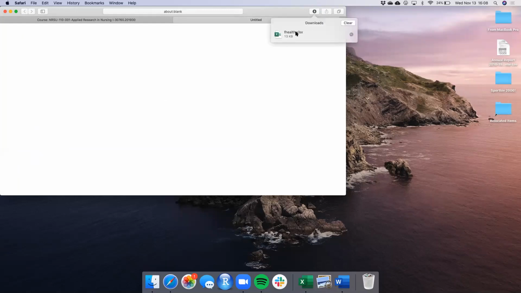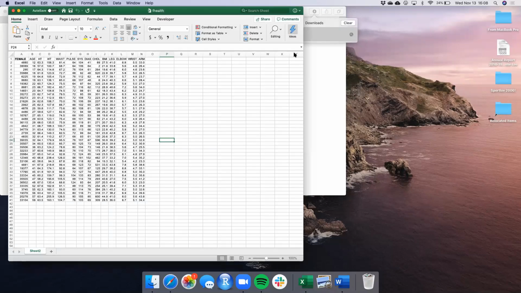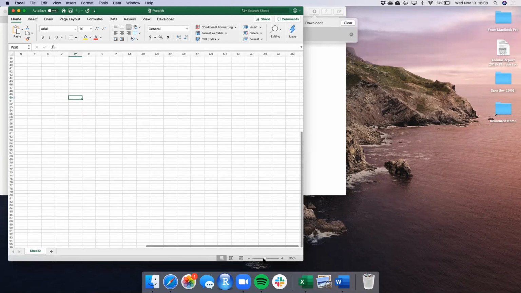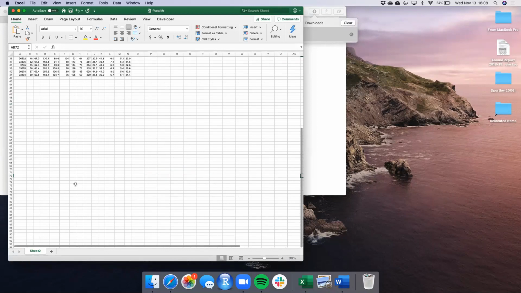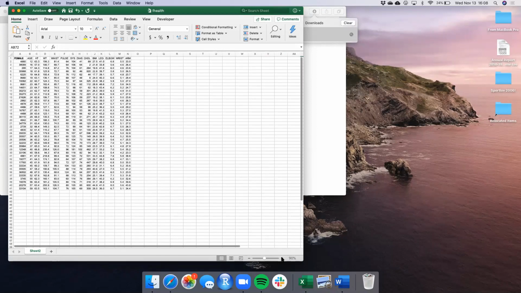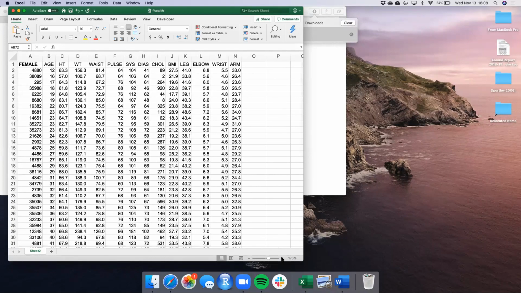Somehow I did less. Okay, so remember this data set that we looked at last day, and we ran an ANOVA on the age categories and something else, I can't remember.